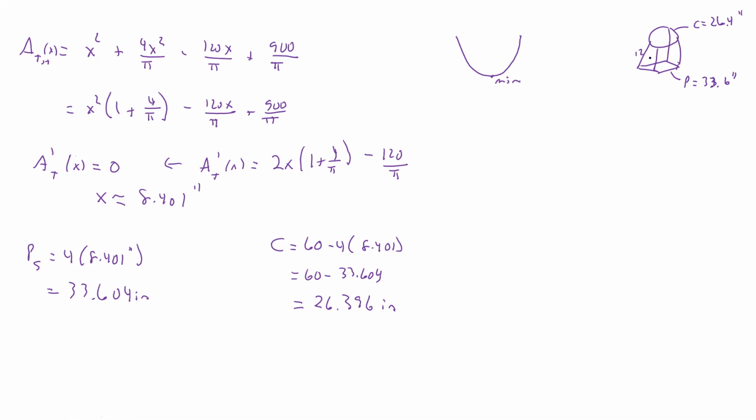Each one of these was 12 inches. And so hopefully, if we add all those together, we have 4 times 12 plus 33.6 plus 26.4. And we said that was supposed to be 108, if I remember right. So that's 48 plus 60, and that gives us 108. That does check out.